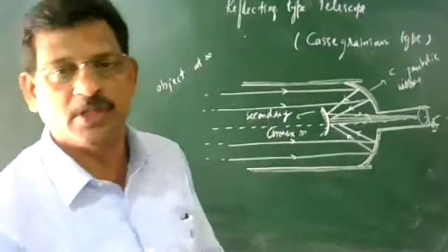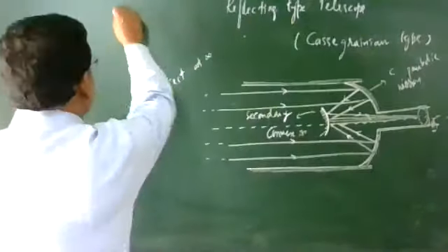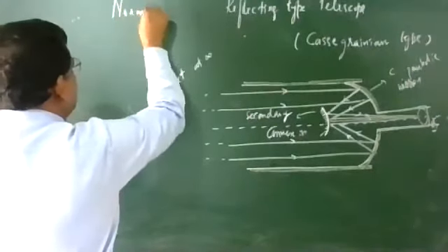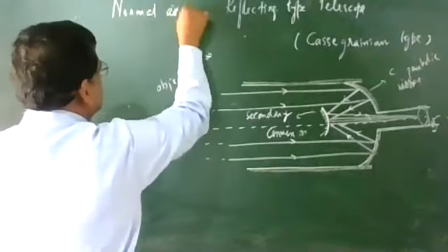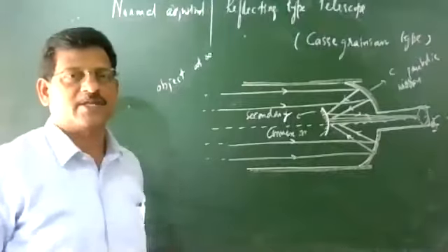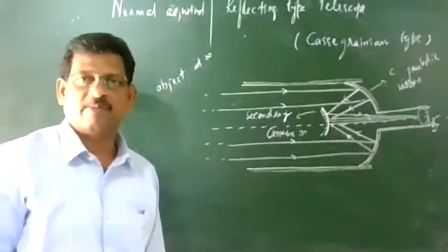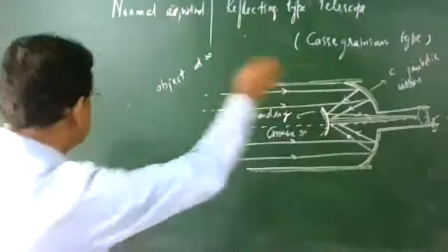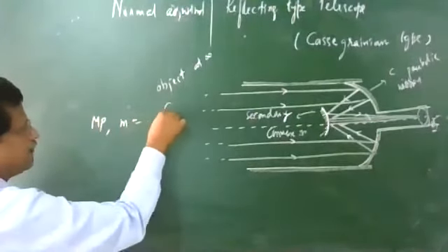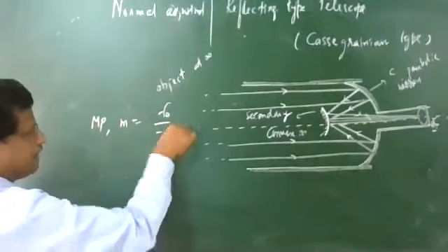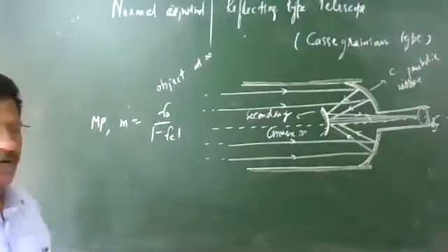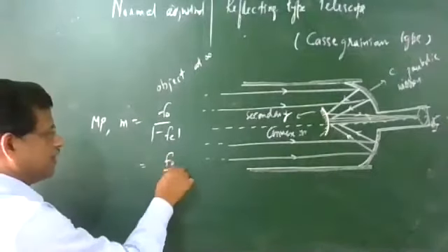Now, usually we work in normal adjustment. In normal adjustment, whether it is a reflecting type telescope or a refracting type telescope, the magnifying power expression is exactly the same, no difference. So magnifying power is m equal to minus f naught divided by f, or we simply write f naught divided by f.